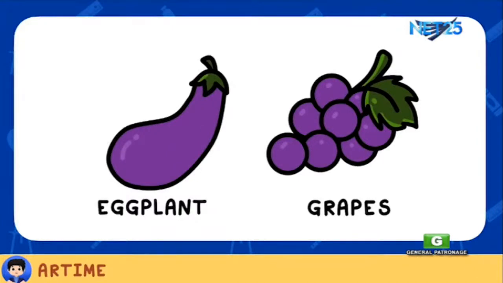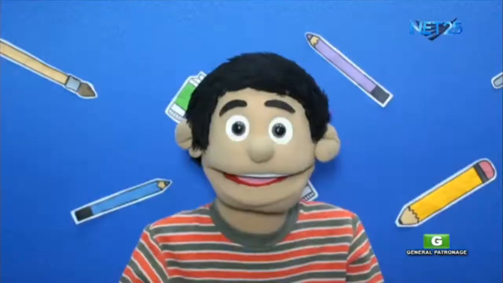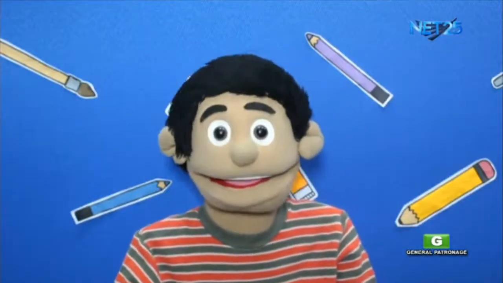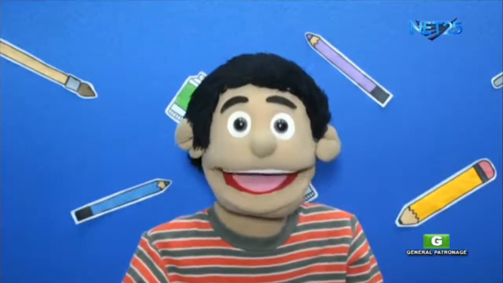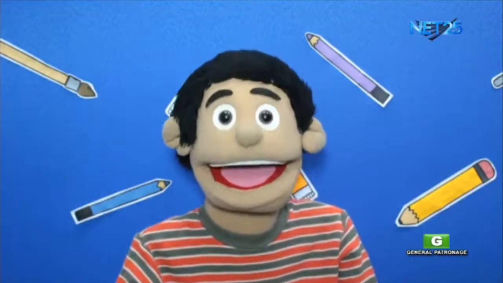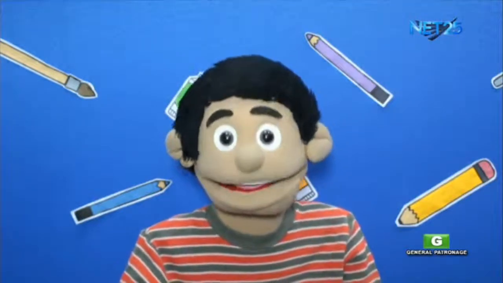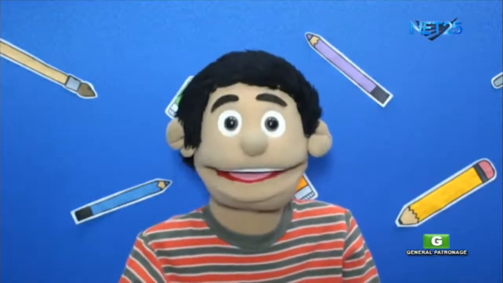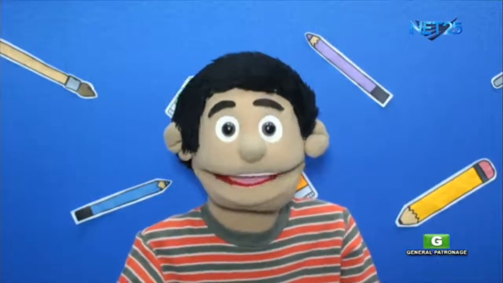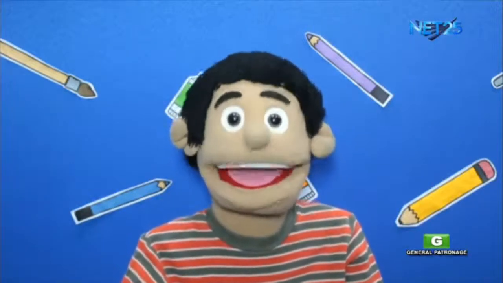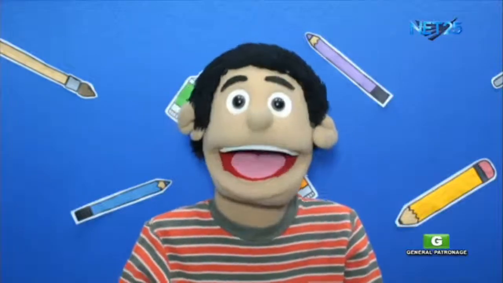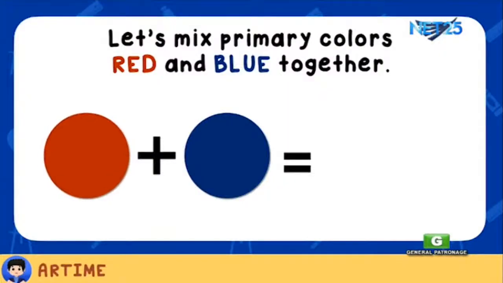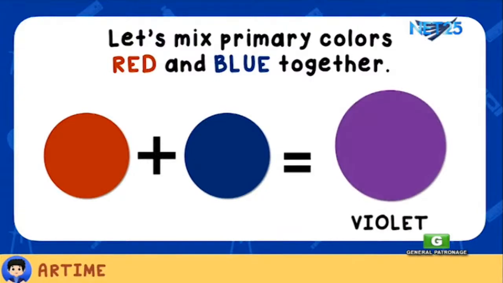The eggplant and the bunch of grapes are usually violet. Violet is the third secondary color. What primary colors can we mix to make violet? Let's mix the primary colors red and blue together. Red plus blue equals violet.